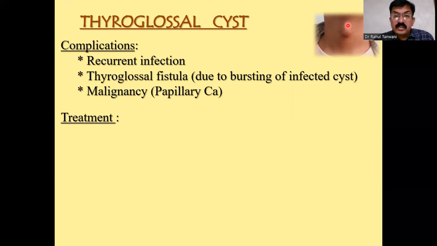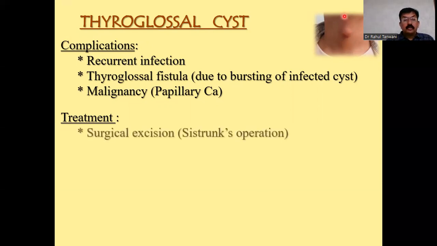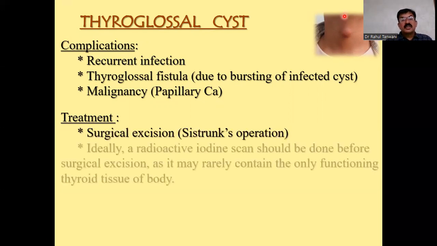And if you don't excise the hyoid bone, then it will give rise to recurrence. So ultimately, you will have to excise the cyst, you will have to excise the tract and the central part of the hyoid bone. If you do it, then only you can say that what you have done is Sistrunk's operation.